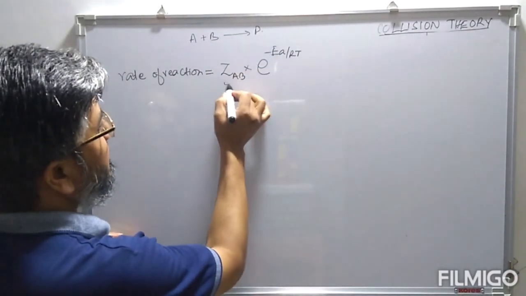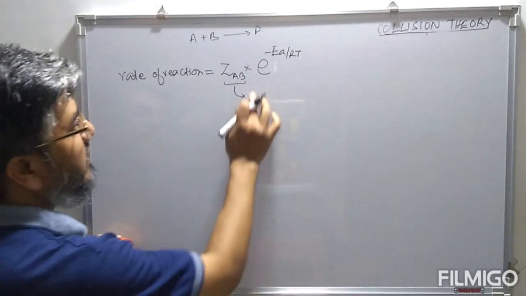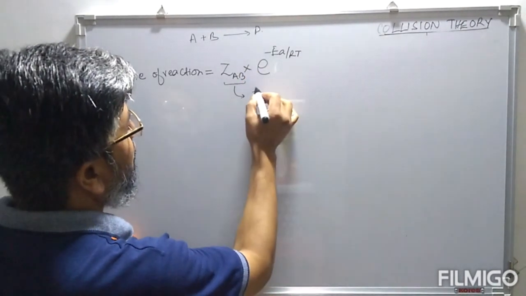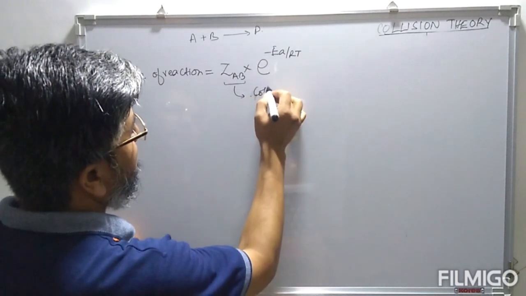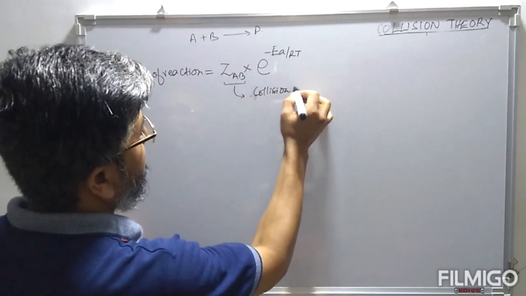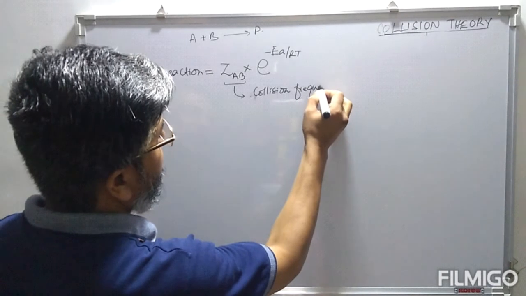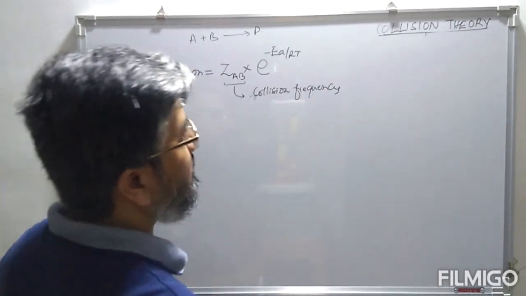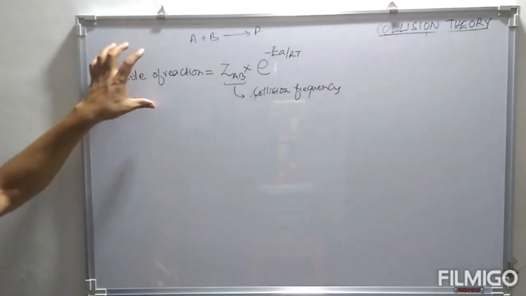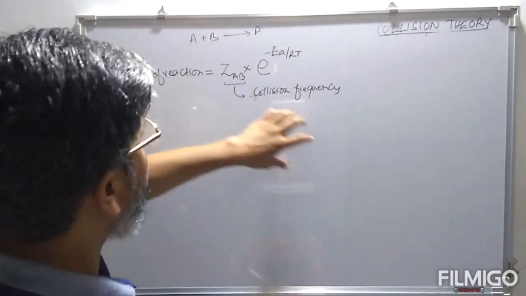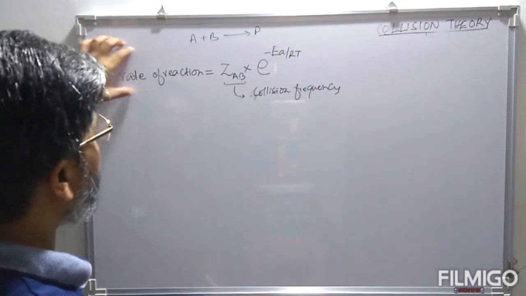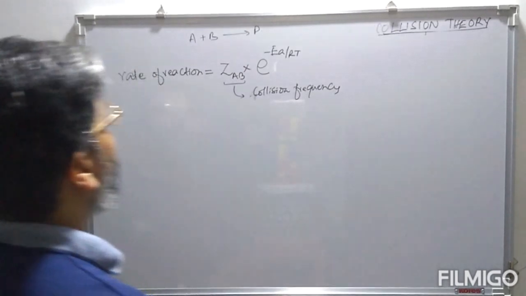This ZAB defines collision frequency. So if the collision frequency is more, chances for conversion of reactants to product will be more. If the chances for conversion is more, the rate of reaction will be more.